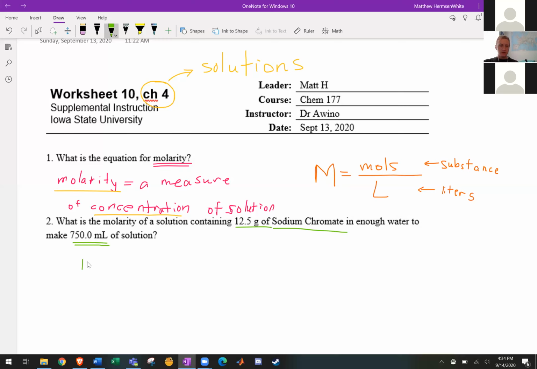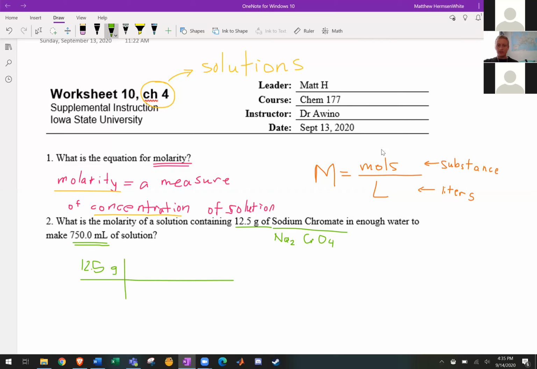So let's take our 12.5 grams of sodium chromate, which is Na2CrO4.